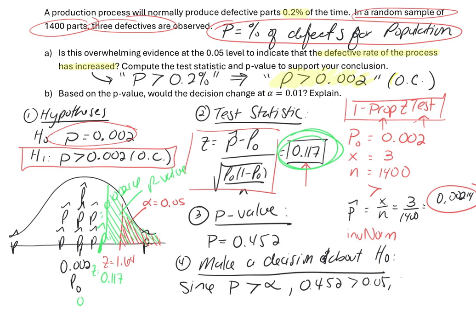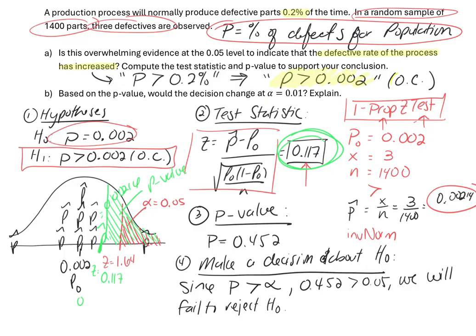This means that we will fail to reject the null hypothesis. Okay, so even though 0.00214 is a little bit bigger than 0.002, it's not statistically significant, so not strong enough evidence for us to reject the claim that the defect rate is probably still 0.002.